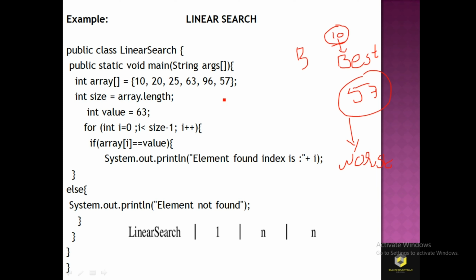When I want to search for the element 63, which is almost at the center of the given array, how do we calculate the average case? When considering the average case, for 63 we have to calculate the time complexity for the elements before 63. For searching 10, we have time complexity of 1. For 20, we have 2.